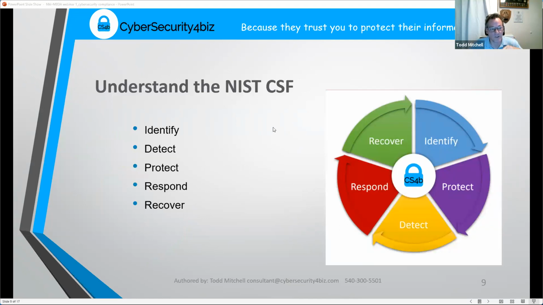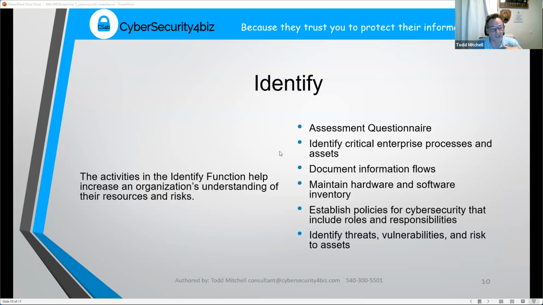So, understanding the NIST CSF and those 5 sections. Basically, identify is where you do an assessment questionnaire and you identify where you are in the cybersecurity maturity process. And then you also identify your critical processes and any of your assets.